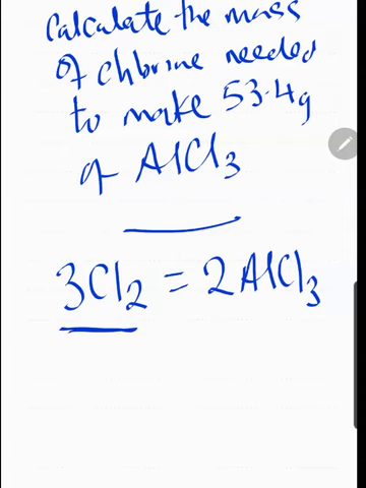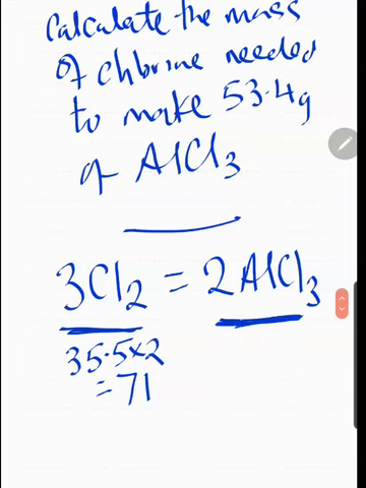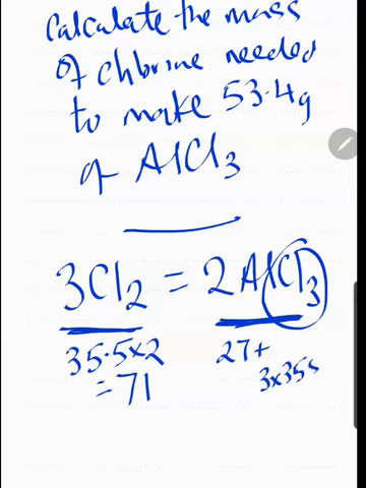Relative formula mass of chlorine is 35.5 times 2, which is 71. Relative formula mass of aluminium chloride: aluminium is 27, add 3 chlorines, which is 3 times 35.5, and that comes to 133.5.